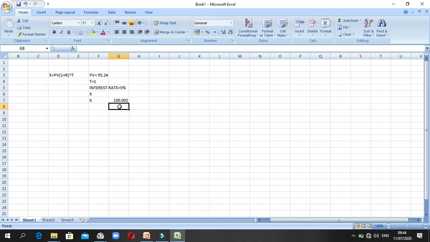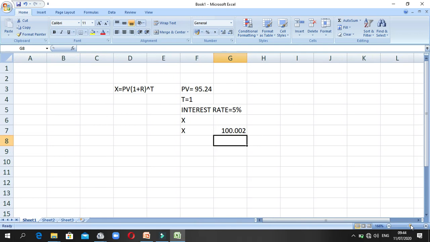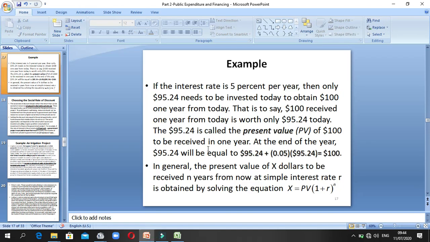That is what they want to say in our question. I hope everyone is understanding this more clearly. Let us repeat this. In our question, he gave us 95.24 as the present value, the amount of money that we have today.